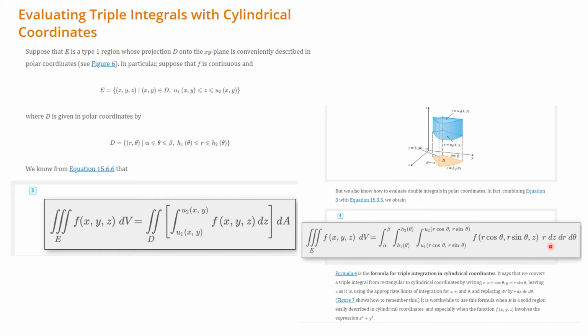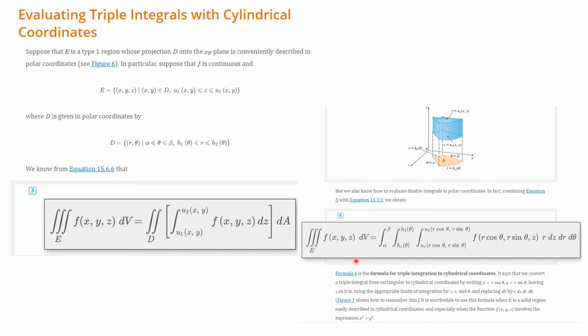Then we integrate with respect to r. But remember, in polar coordinates, dA becomes r dr d theta, and so we have another factor of r there. And our function f also is no longer x, y, and z. I still have z here, but it is r cosine theta and r sine theta.